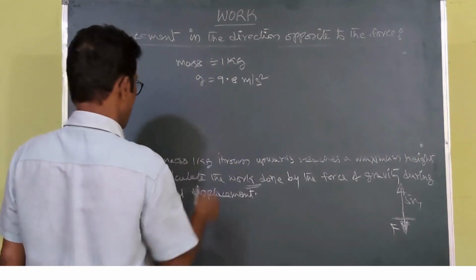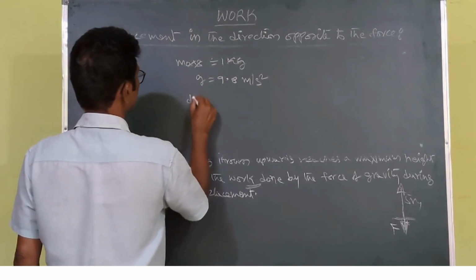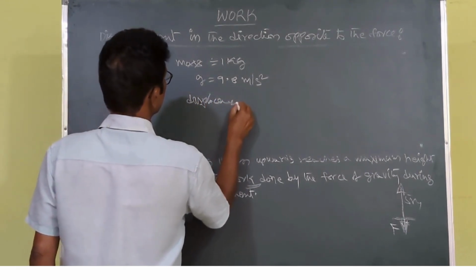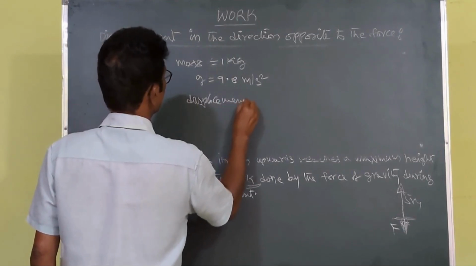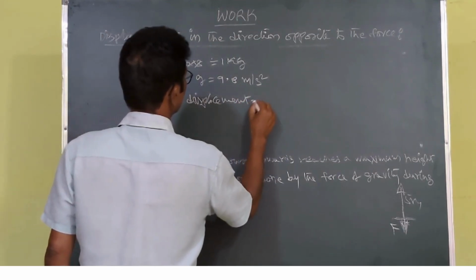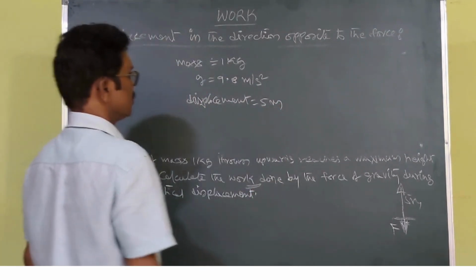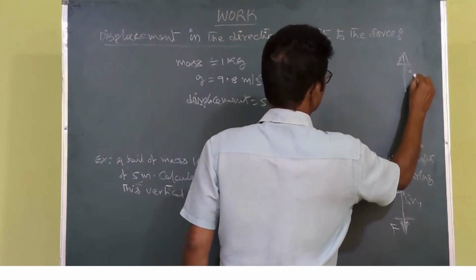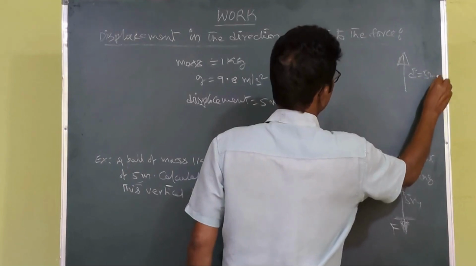And what is the displacement? Displacement d equals 5 meters. So simple.